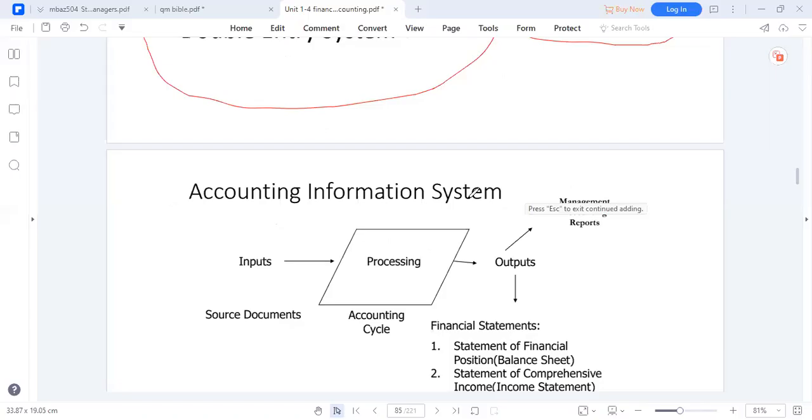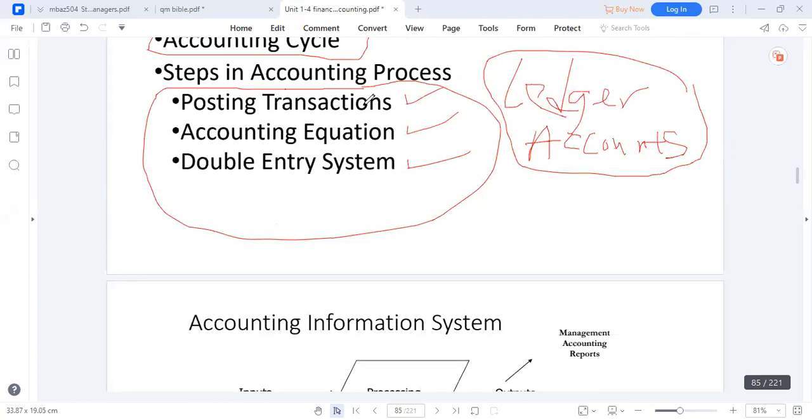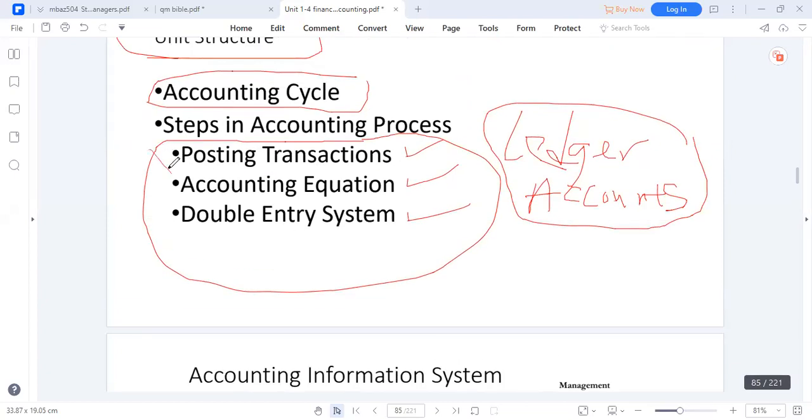The posting of a transaction simply indicates that the transaction is coming from one individual to another individual. This is where these two can be combined, the posting transactions and the double entry system.